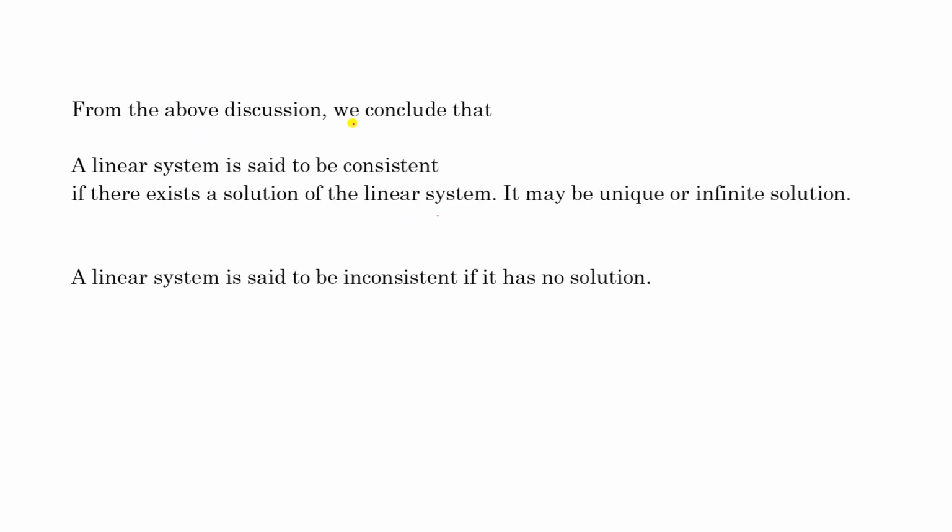From the above discussion we conclude that a linear system is said to be consistent if there exists a solution of the linear system, and this solution may be a unique solution or infinite solutions. A linear system is said to be inconsistent if it has no solution.